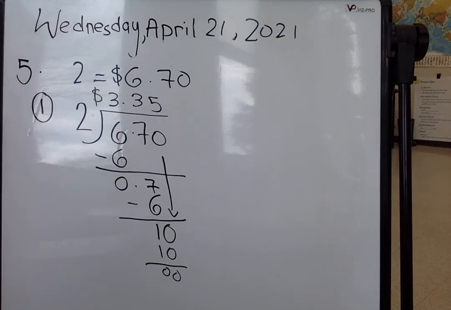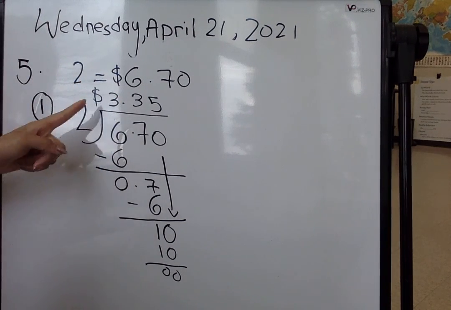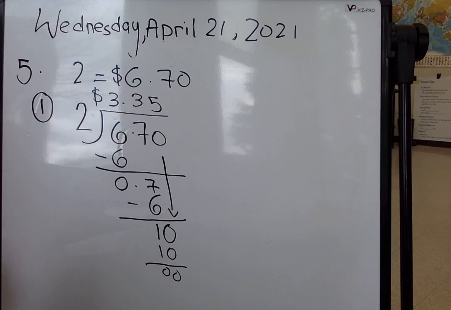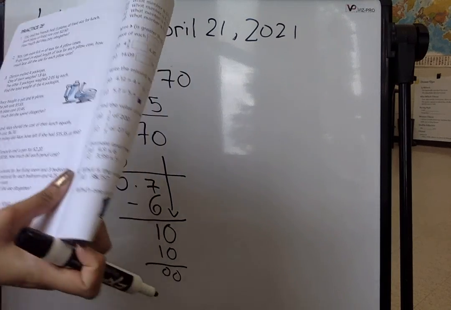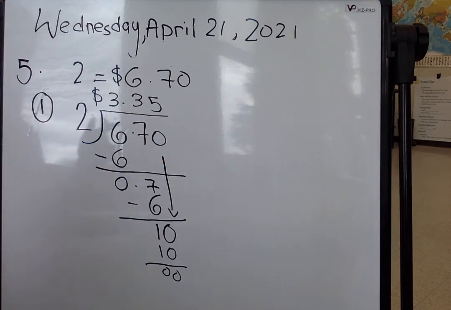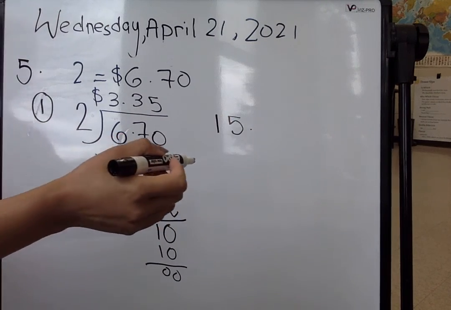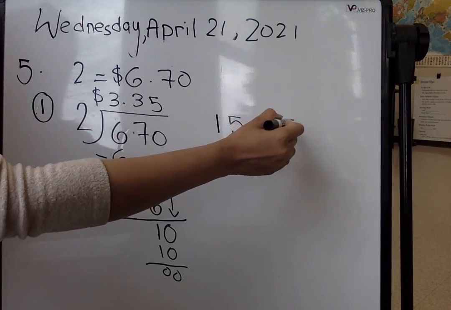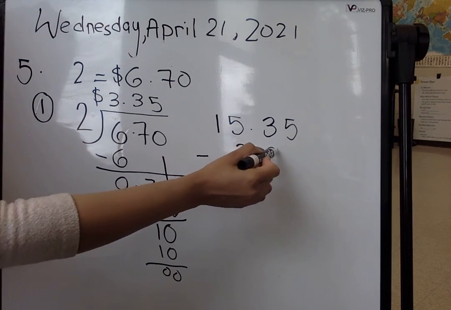This is not her answer. It's a 2-part problem. Okay? Now we know that Alice paid $3.35 and so did her friend. So now we can subtract because the question says if Alice had $15.35 at first, how much did she have left? So that means out of $15.35, we need to subtract how much she paid for her lunch.